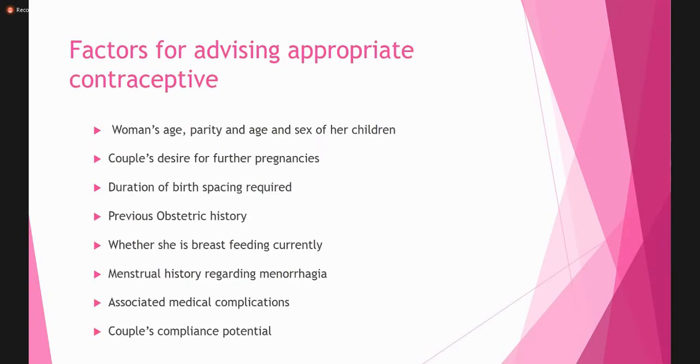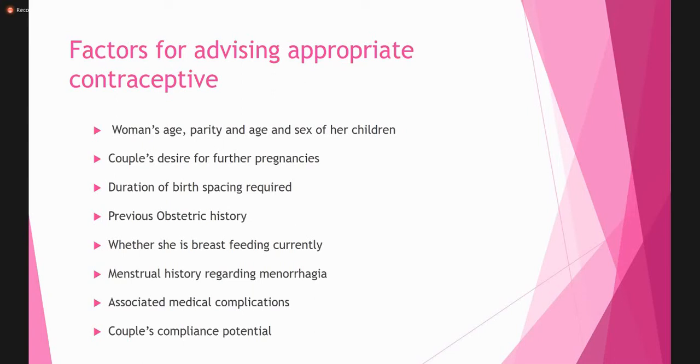Factors for advising appropriate contraceptives. Female should be advised according to her age, parity, and sex of her children. Couples' desire for further pregnancies, they should be counseled, and this should be their choice. Duration of birth spacing required, they should be informed about the consequences, and then they should decide.